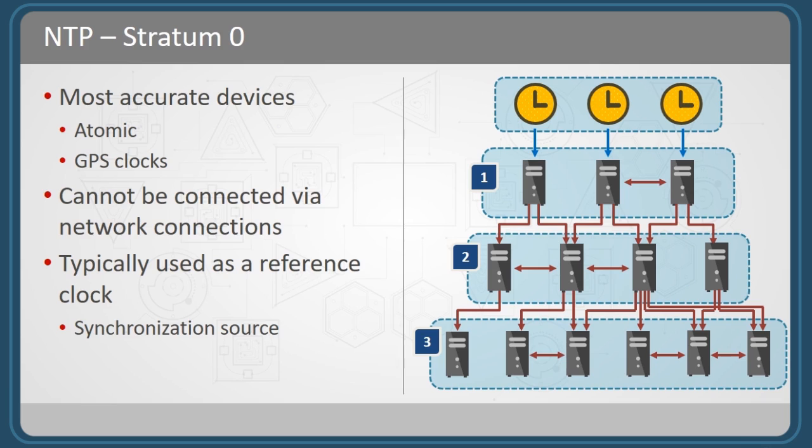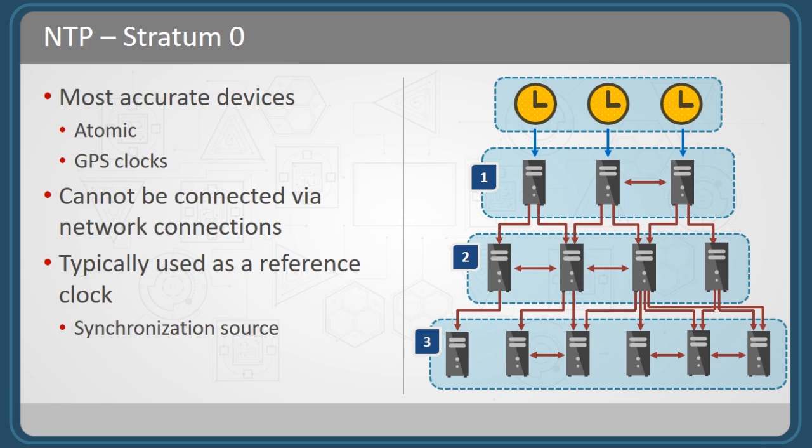So that's where the levels come into play, and stratum 0 is, of course, the highest level and represents the clocks themselves. And typically these are exceptionally accurate devices such as atomic clocks or GPS clocks, but these aren't standard networking devices, and we don't have atomic clocks in our LAN environment.